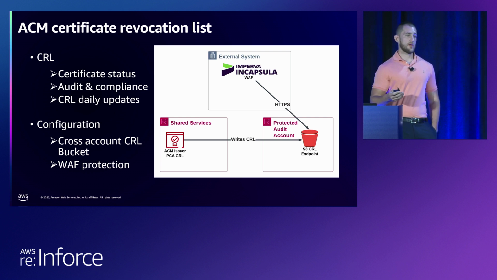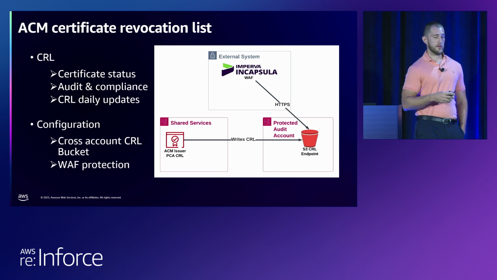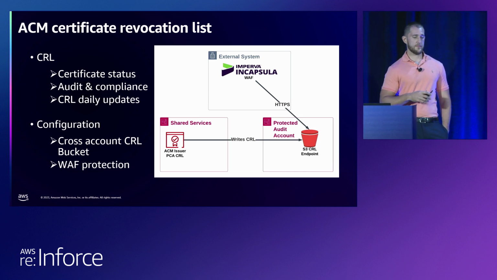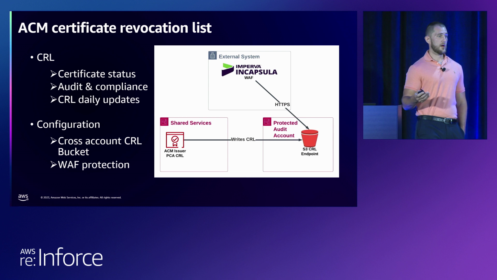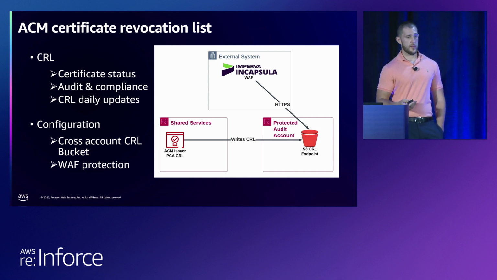That file is uploaded to that S3 bucket, which we then use a third-party company called Imperva WAF to host that CRL for us. That bucket policy only allows the PCA to upload files to it, and only allows the third party to pull that actual CRL down.